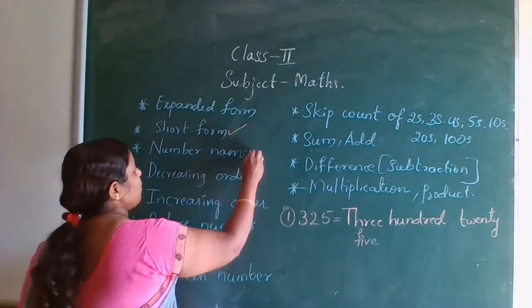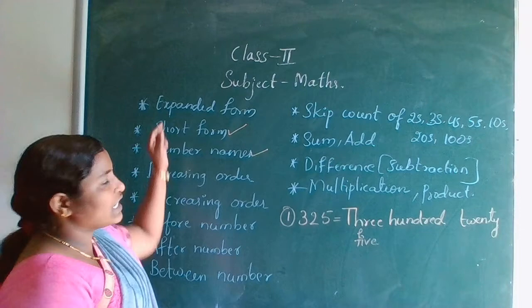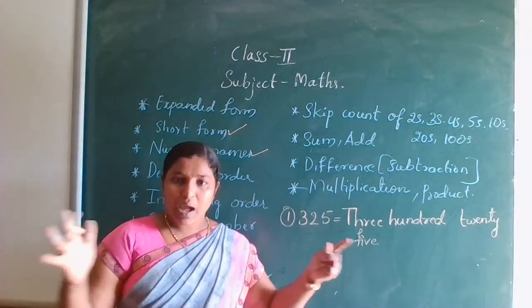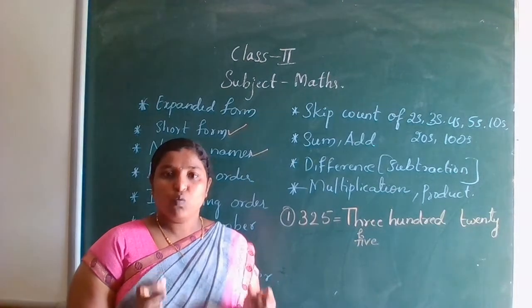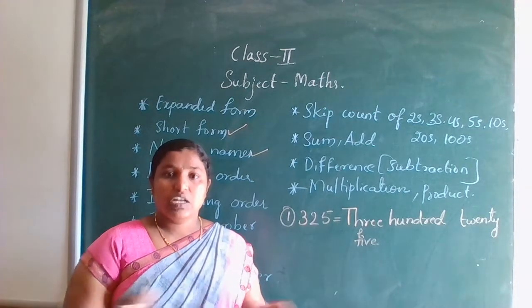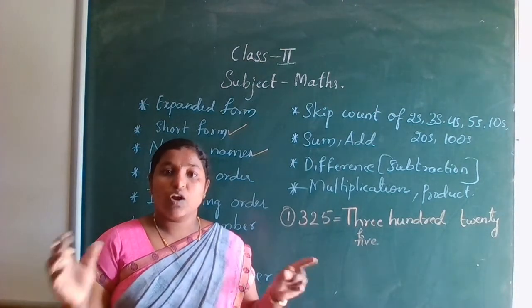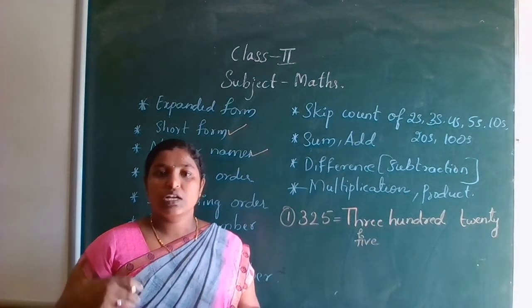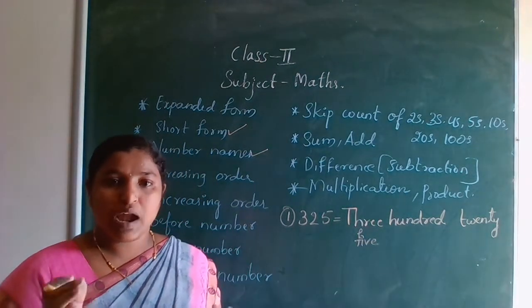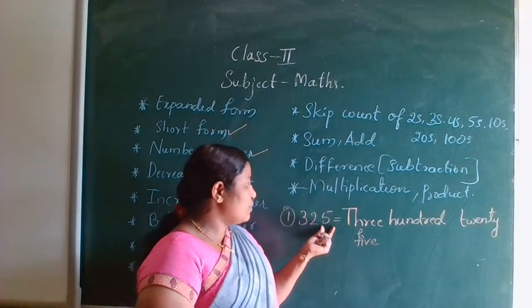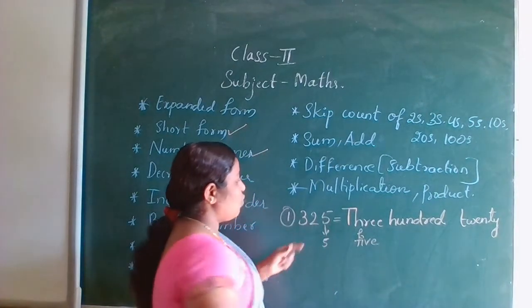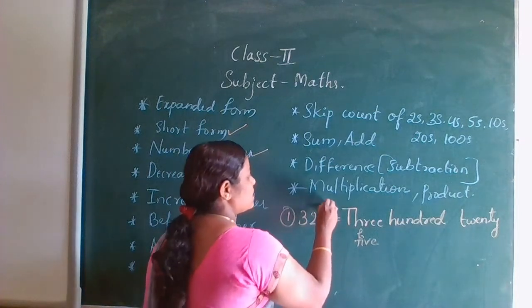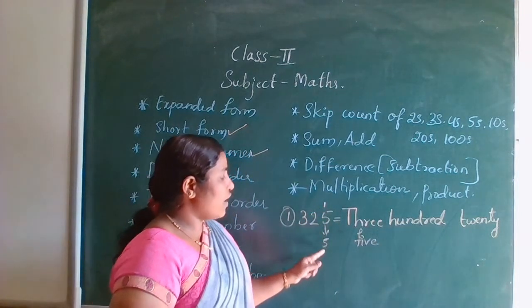Okay, we know about number names. Next, expanded form. Expanded in the sense, whatever the short form is there, we should enlarge it. We should expand it according to the place values. That is known as expanded form. So what is the place value of 5? This is 5, in the ones place, 1 into 5, 5.